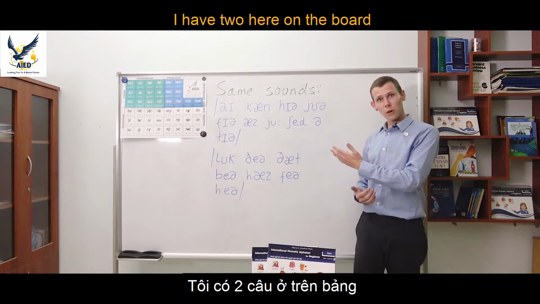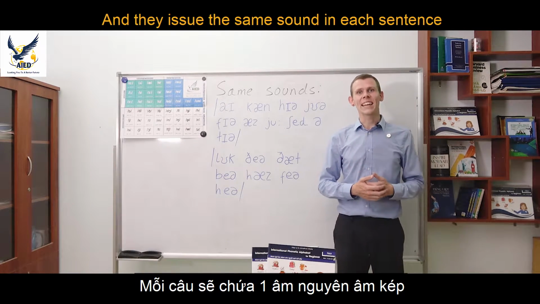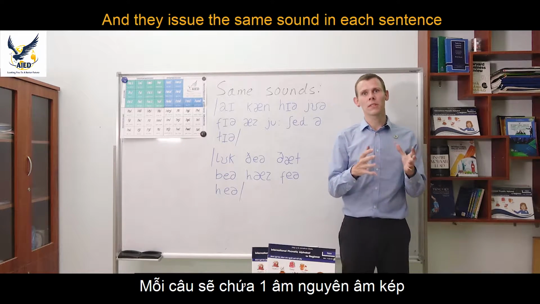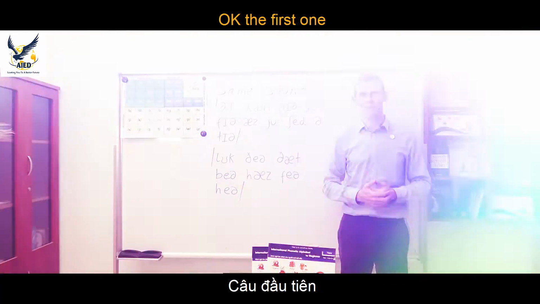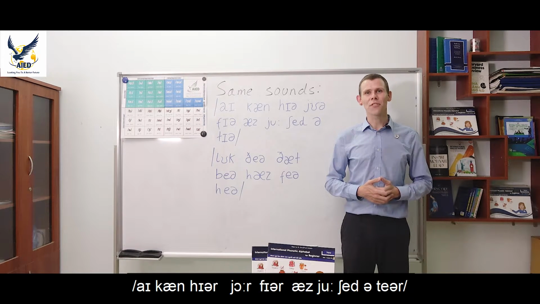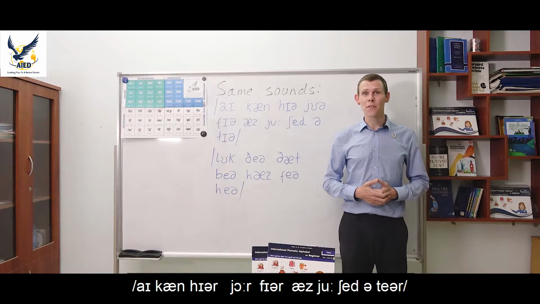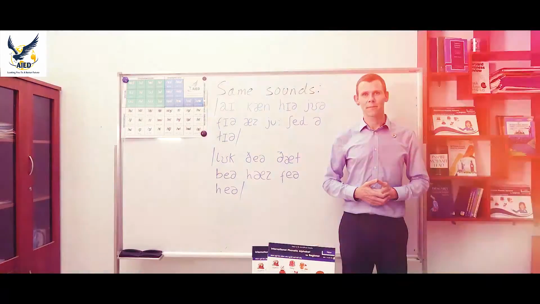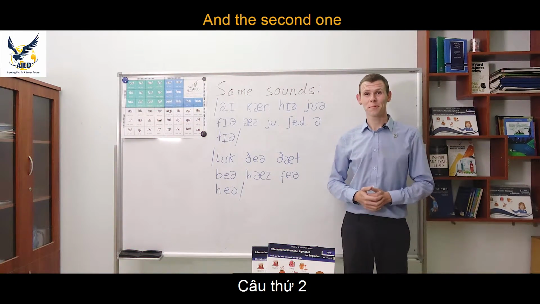I have two here on the board, and they each use the same sound in each sentence. Okay, the first one. I can hear your fear as you shed a tear. And the second one.